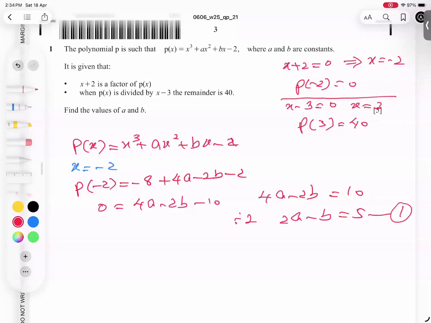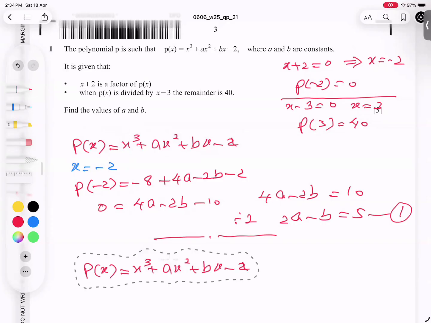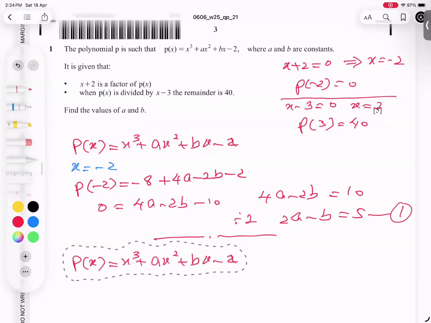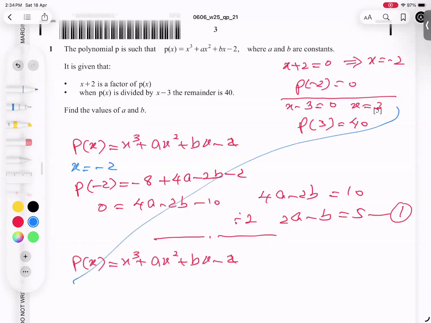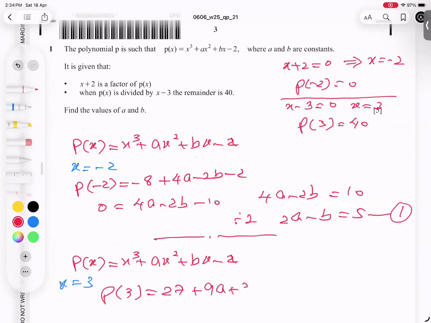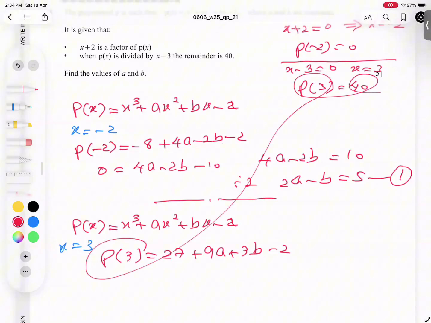First, I have done this one, so I'm going to do the second job. Again I copy the function, and this time I'm replacing every x by 3, so x equals 3. When I replace every x by 3, here I got 27, here 9a, here 3b and -2. And now I'm replacing P of 3 with 40.